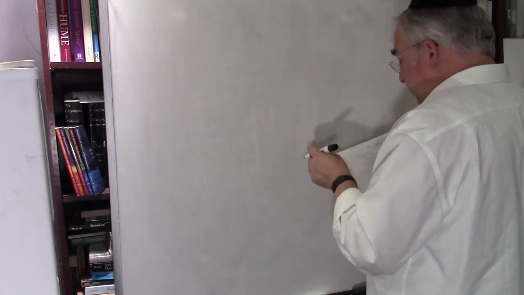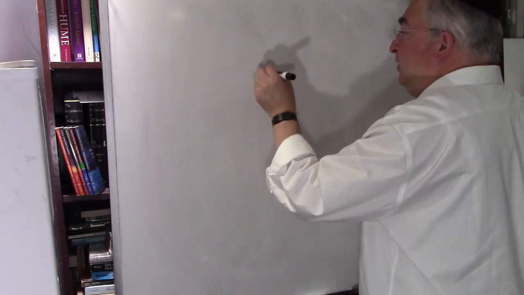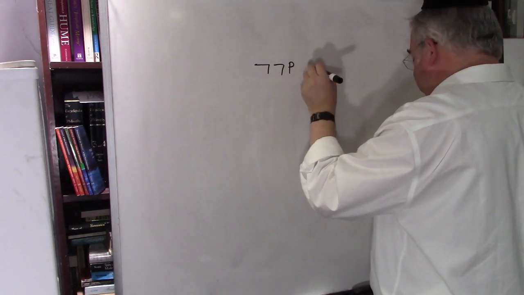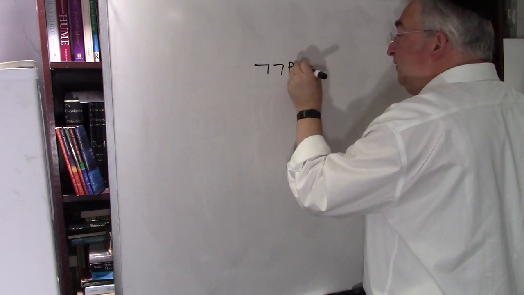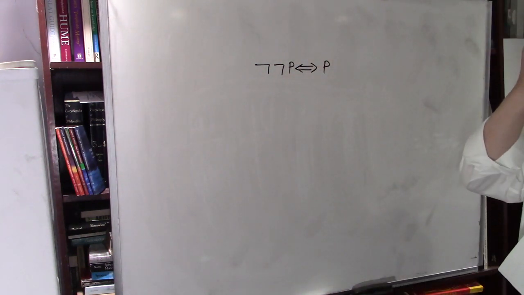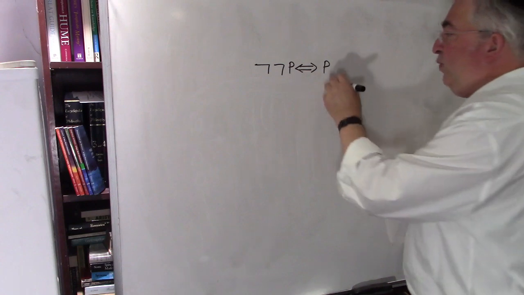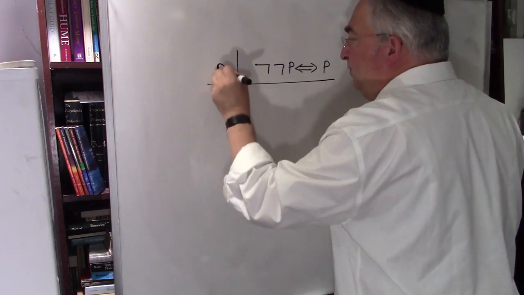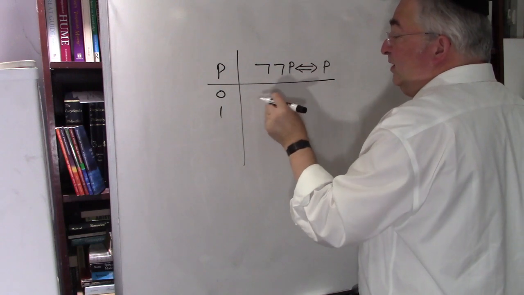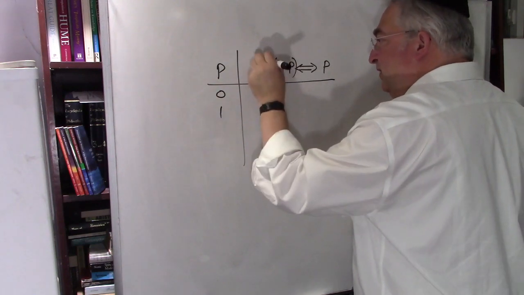Well, some of them you've seen. So not not P is the same thing as what? P. Okay? And again, if you want, we can do this in the truth table. P is 0 or 1. And so not P is going to be, let's do it like that.